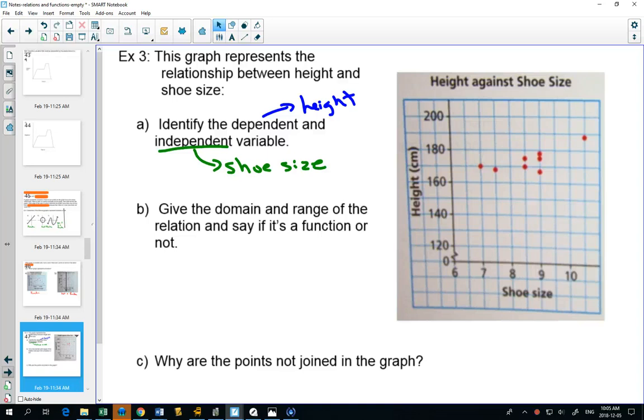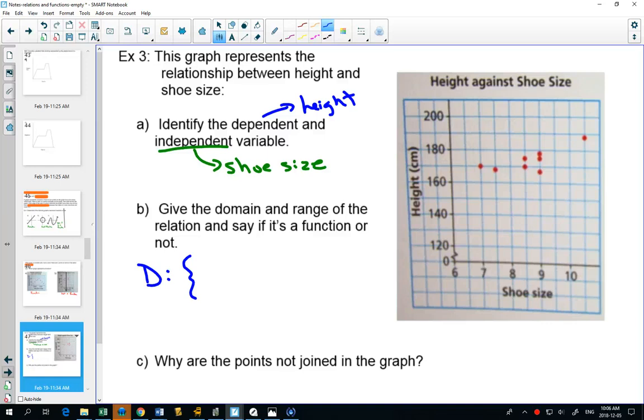Okay? Give the domain of the relation and say if it's a function or not. So, wow, that's a bad squiggly bracket. Oh, yeah. Domain. Those are your x values. Those are your independent values.